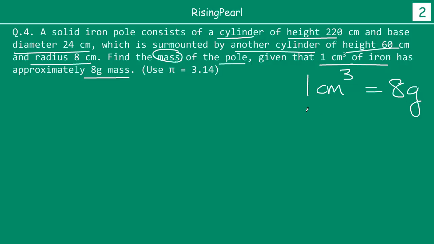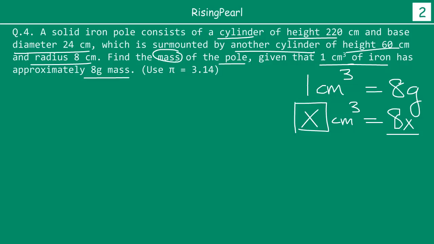So it seems like we have to find out x centimeter cube, whatever the volume is, and then if 1 centimeter cube weighs 8 grams, for x centimeter cube, where x is the volume of iron that we have, it will weigh 8 times x grams. So this is what we have to do.